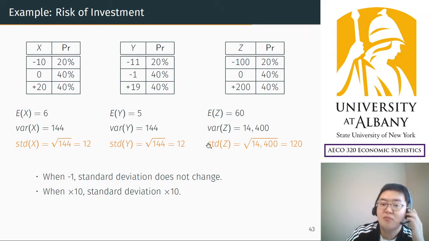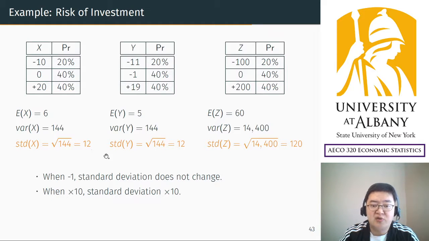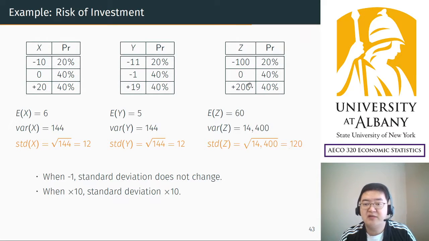So what you see here is these two are the same, because addition does not change the variability, but there is a 10 times increase, which is exactly what we wanted, because we multiplied by 10 from x to z. So from x to z, the standard deviation is also multiplied by 10, exactly what we wanted, which the variance did not have. So this is why we define standard deviation.